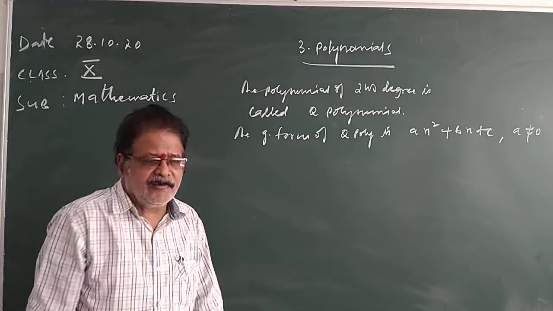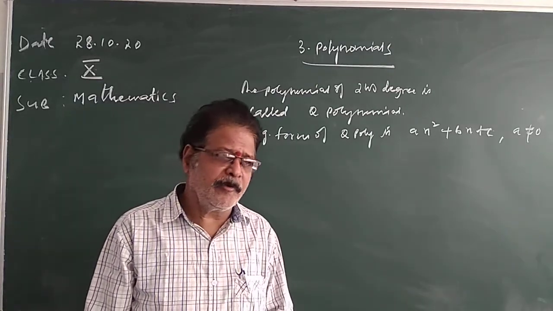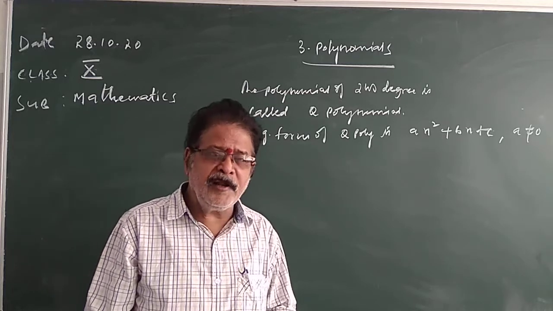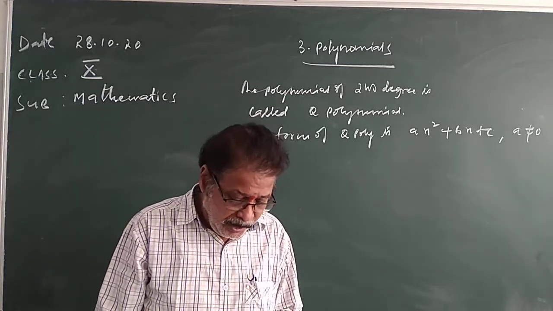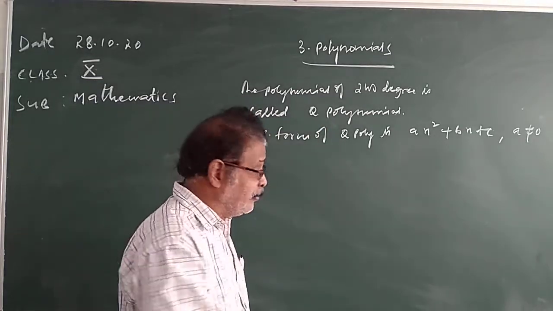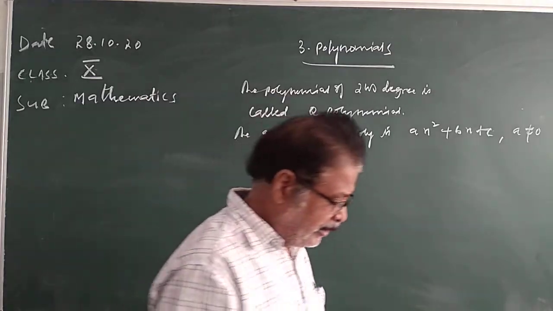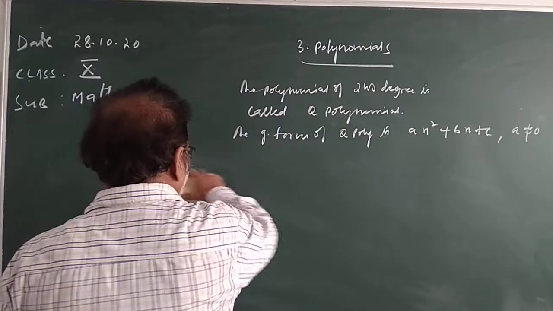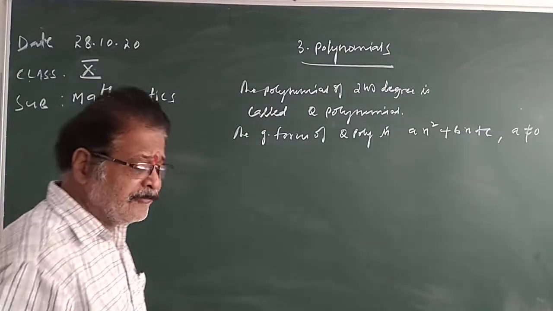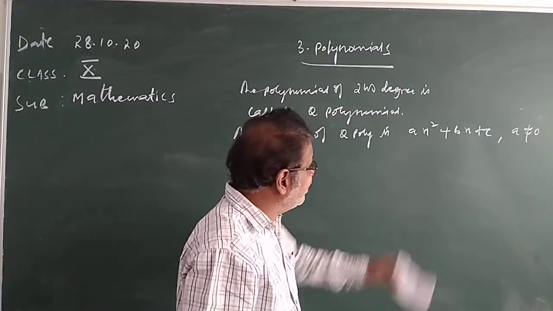In the last class, we represented linear polynomial by graph. Now, in this class, we will see quadratic polynomial. The general form of quadratic polynomial is ax square plus bx plus c, a is not equal to 0.